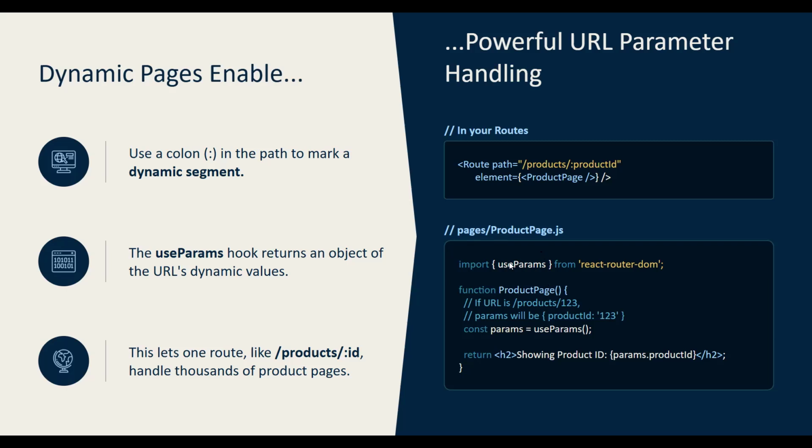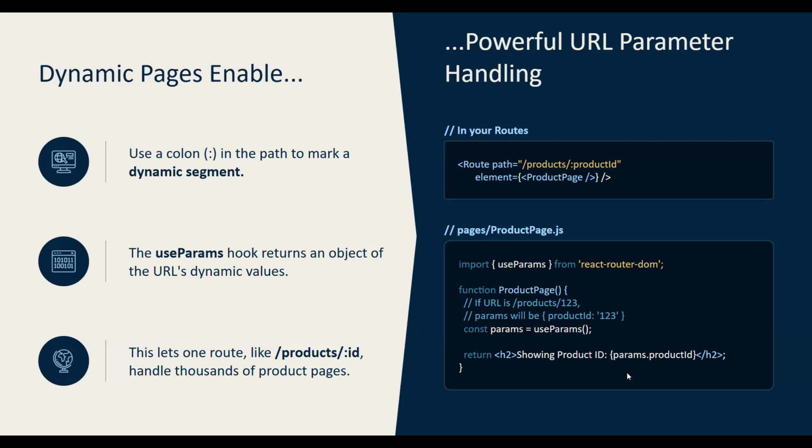Inside the component, we use the useParams hook to read those dynamic values from the URL, and it returns an object containing the route parameters. So we could access that using the params.productId property here, and use it inside the page.